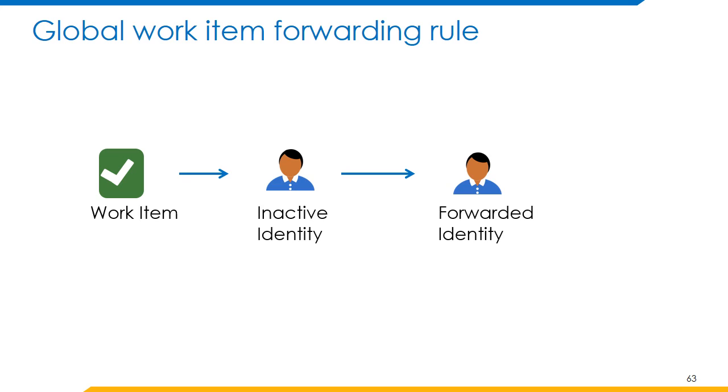A usual scenario where the work items are forwarded is when the current identity is inactive. The inputs provided to this rule are the current owner and the work item itself. This rule expects a new owner for this work item as the return value.